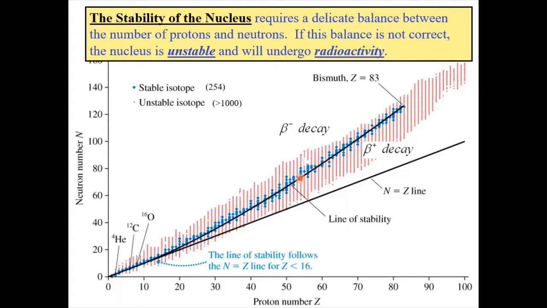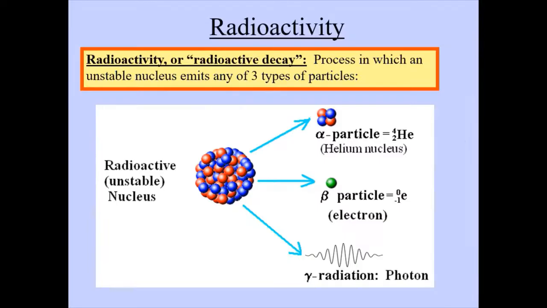If you're outside of this region, you're in the red regions here, and there are over 1,000 unstable isotopes, and these are radioactive. So we're going to look at what radioactivity is, and that'll be the main topic of this lecture. We will also look at some applications of nuclear physics, including fission and fusion.